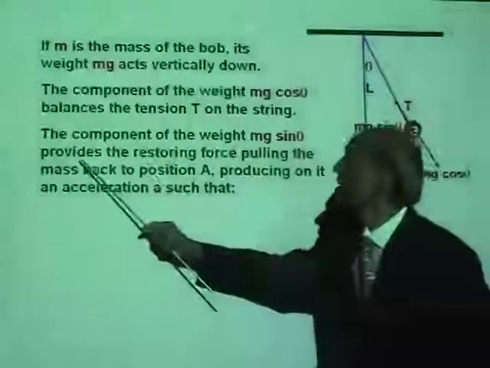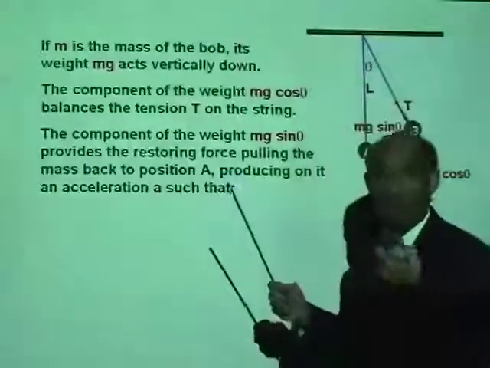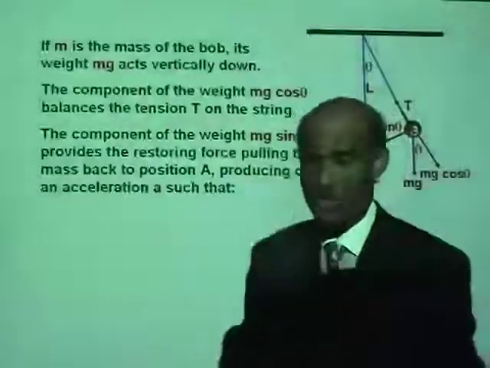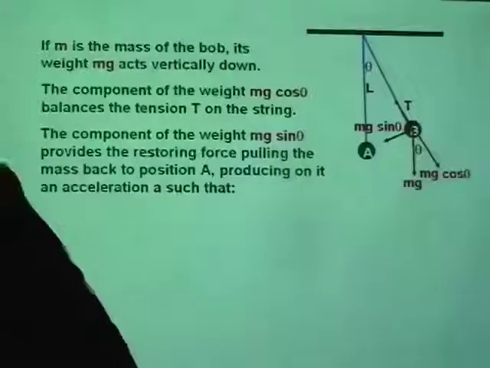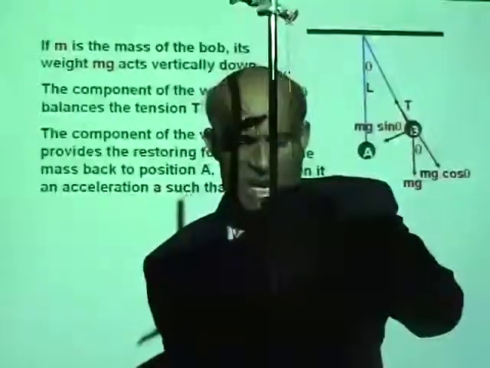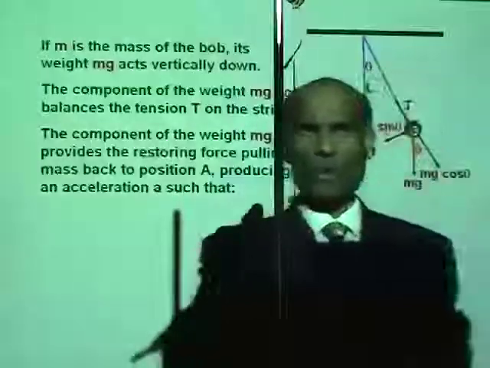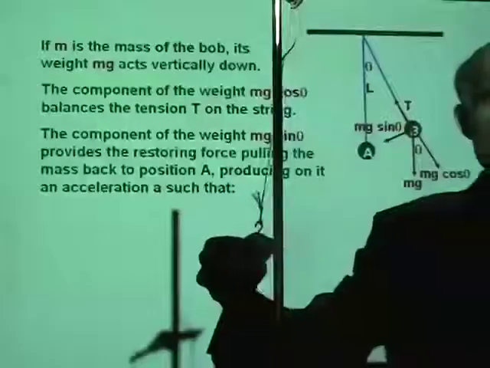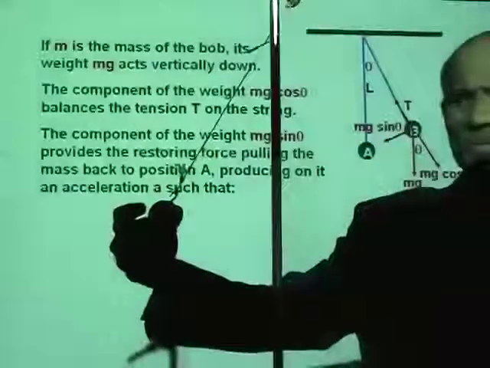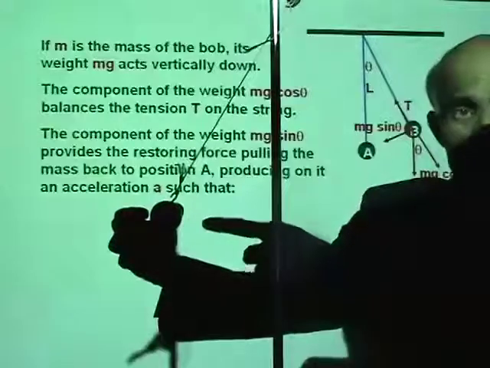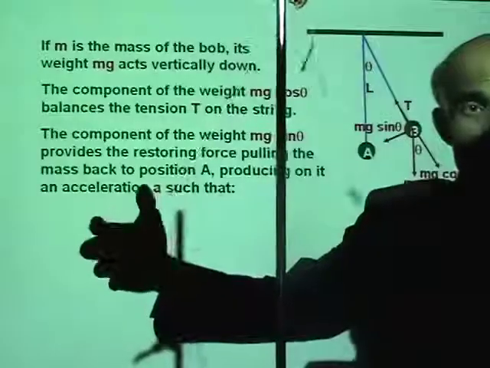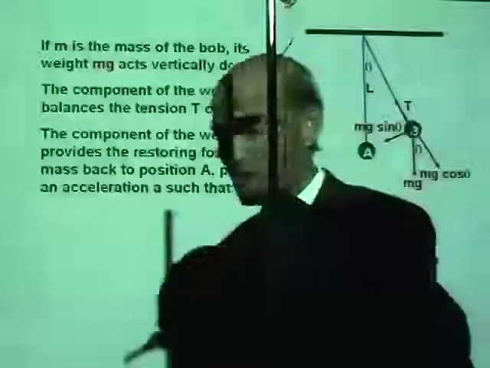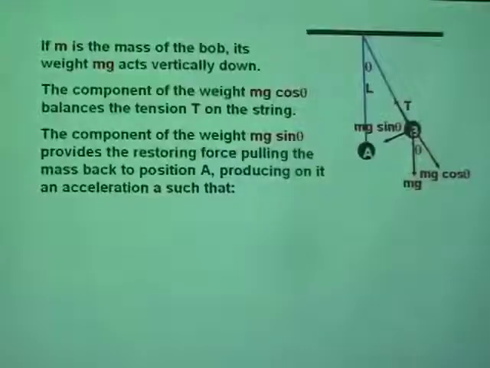So mg sine theta provides the restoring force, pulling the mass back to position A. Now watch here: when you pull the mass to one side, there is a force pulling this mass back to the equilibrium position. That's why it comes back. So this mg sine theta is that restoring force.